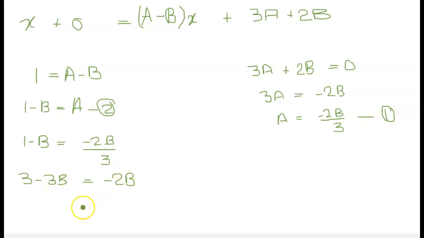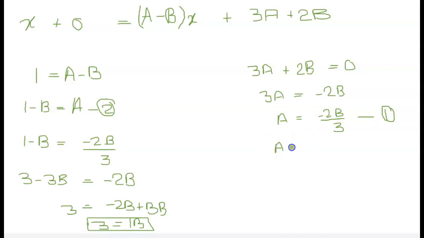Now move the 3b on the other side. So minus 2b plus 3b equals 3. If I solve it further, 1b equals 3, or b equals 3. Now I got the value for the b. I need to put it back in this equation.